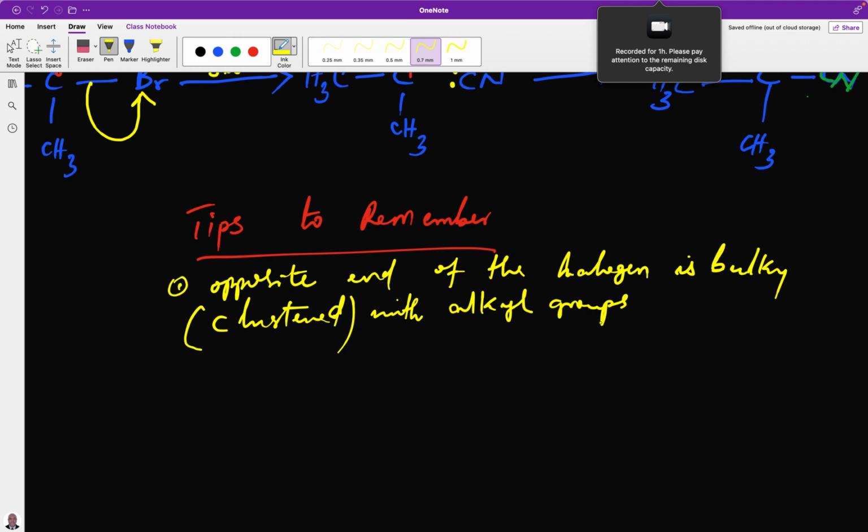When there are many alkyl groups, what happens? They help to prevent the nucleophile from attacking from the opposite end.